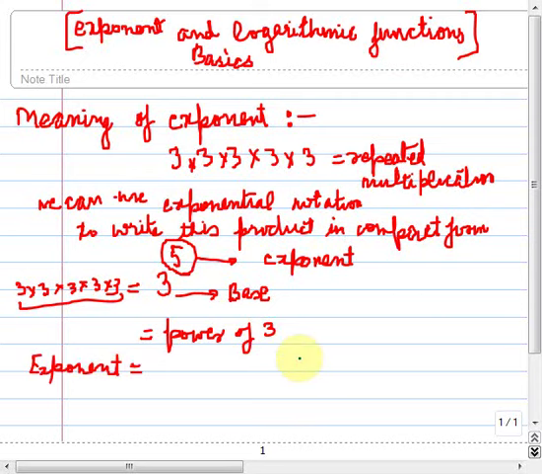So what is the formal definition of an exponent? An exponent is used to indicate repeated multiplication.